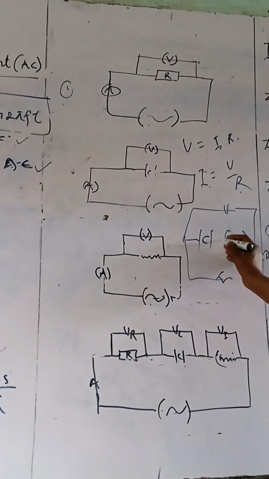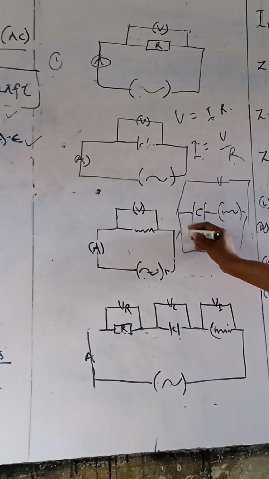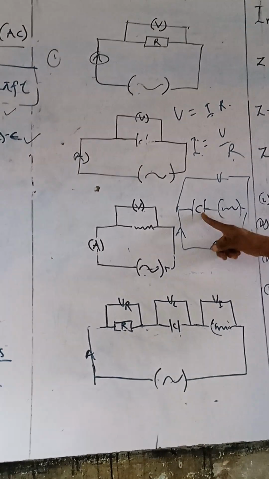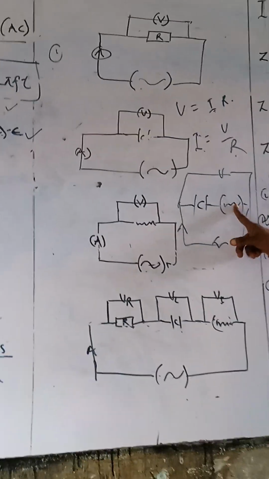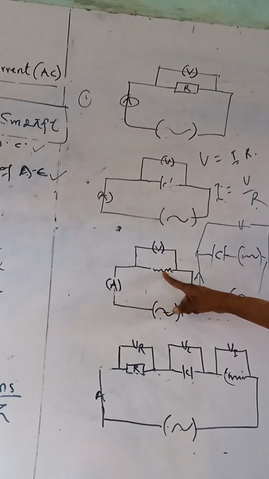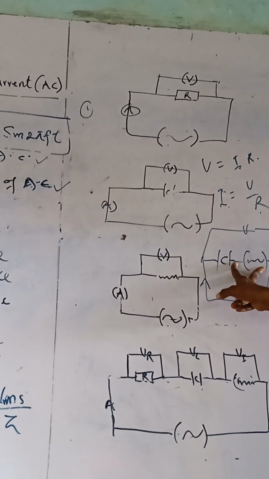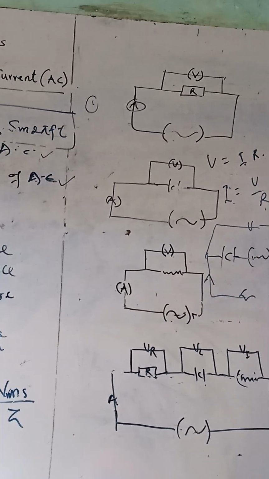So look at this very well. So you can see that what is regulating in this circuit is both capacitor and inductor. Now if only capacitor is regulating, it is still called reactance. If only inductor is regulating, it is still called reactance. If both of them are regulating, it is still called reactance.